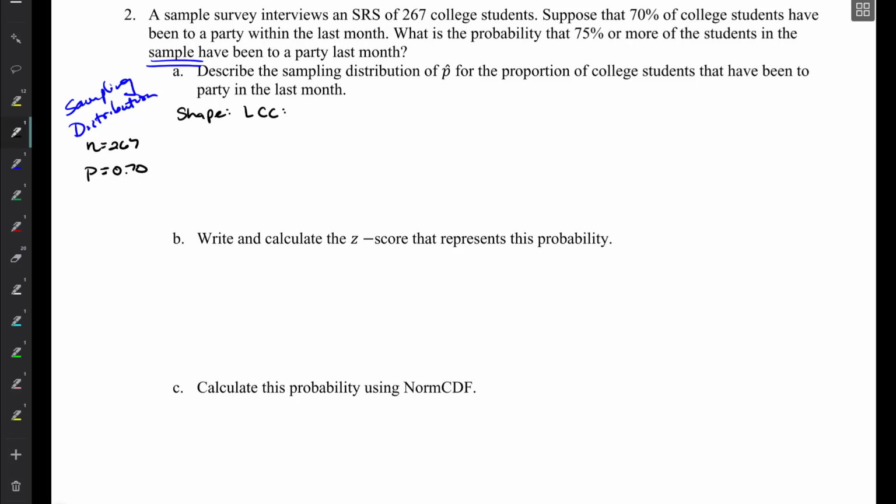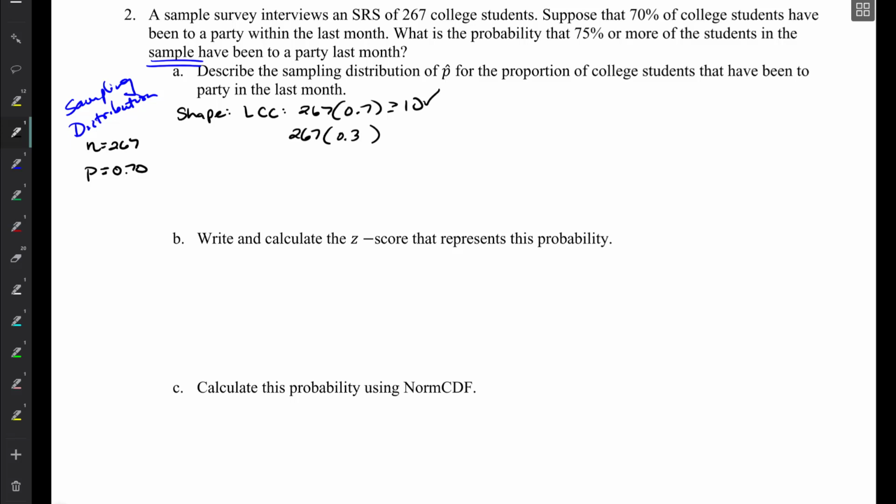So to check our shape by looking at the large counts condition, we'll say 267 times 0.7, that's my n times p. And I know for a fact that's going to be greater than 10 just by looking at some number sets. 70% is more than 50%, and 50% of 267 is definitely more than 10, so that checks out. Now we look at our number of failures. What percent or how many would we expect not to go to a party?